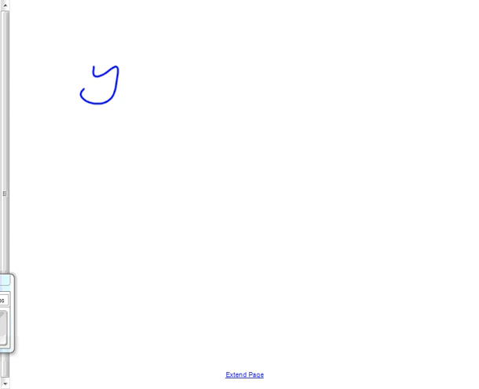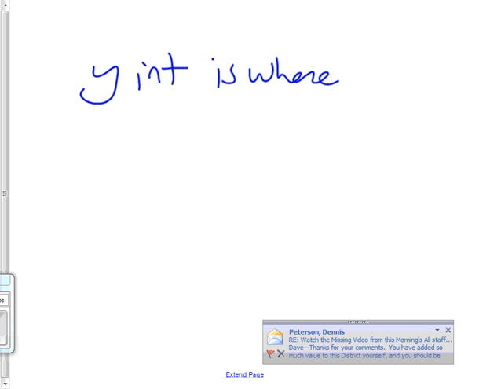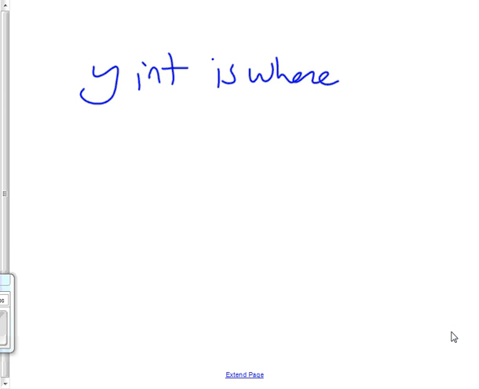That the y-intercept is where, and don't say where the line touches the y-axis. That's not what I mean. The y-intercept is where, can anybody finish that? The y-intercept is where, yes?